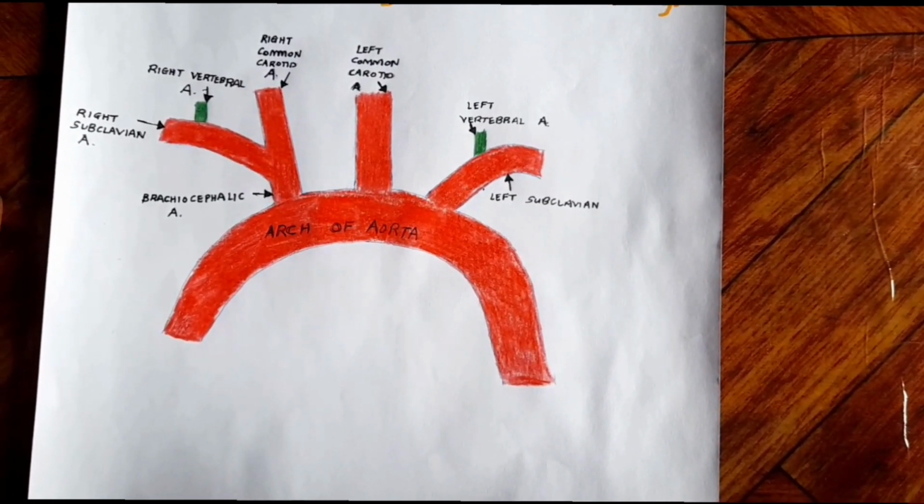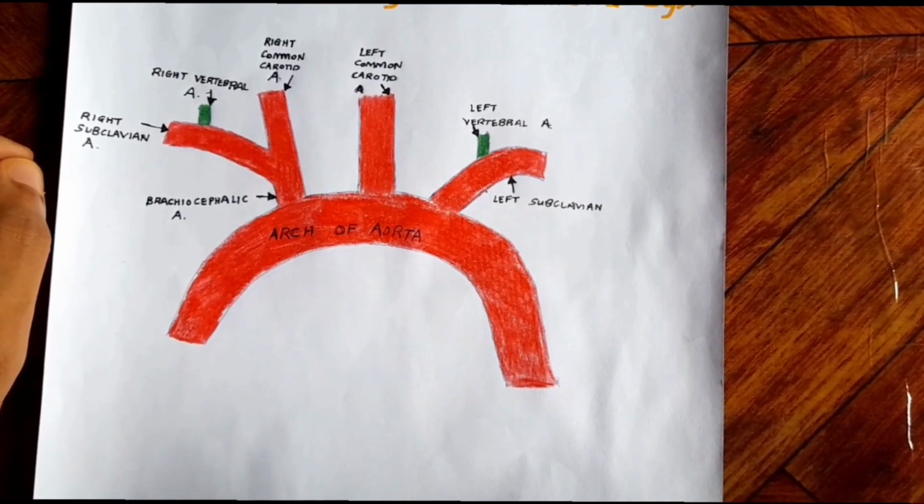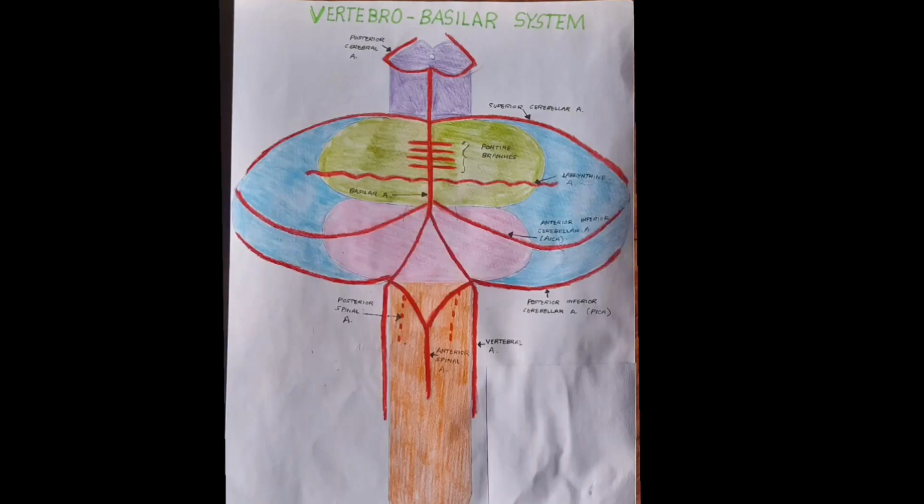Let's move on and see how we get this vertebro-basilar system and this carotid system which make up the circle of Willis. So now we are at the vertebro-basilar system, and we know that it arises from the vertebral arteries, and the vertebral arteries arise from the subclavian arteries. These vertebral arteries go through a foramen, or a hole.